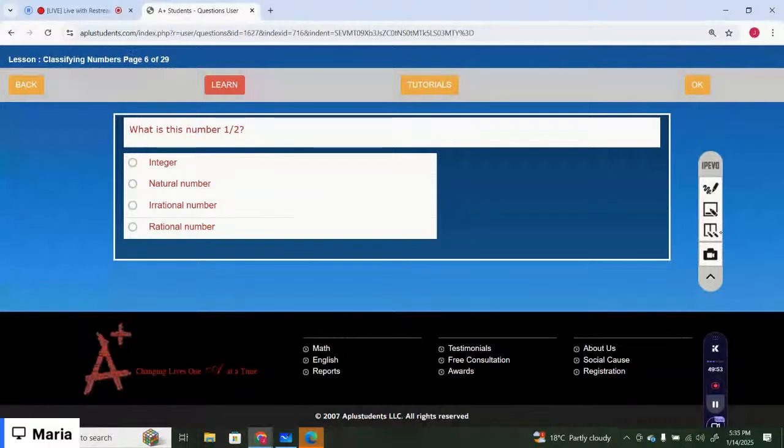What is this number, 1 by 2: integer, natural, irrational, or rational number? That is a rational number.